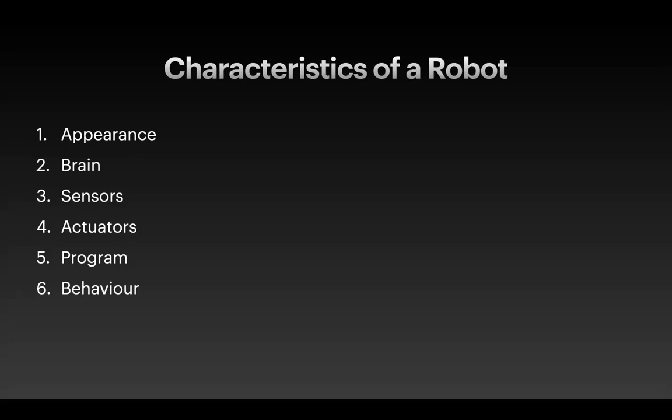Some robots have motors, and these legs or wheels are connected to motors. So that is an actuator. And then some robots have pneumatic actuators, which work from compressed air.